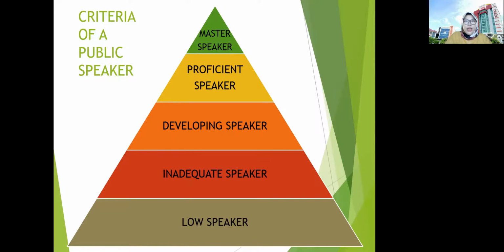Later on, you will know which level you are at now. You can do your own self-assessment by looking at your previous videos of assignment 1 and assignment 2, to see which level of public speaker you are.